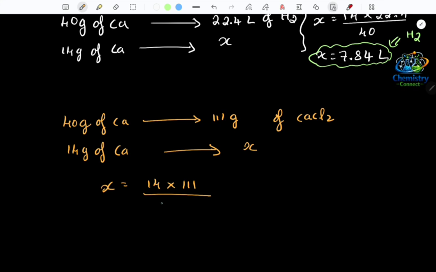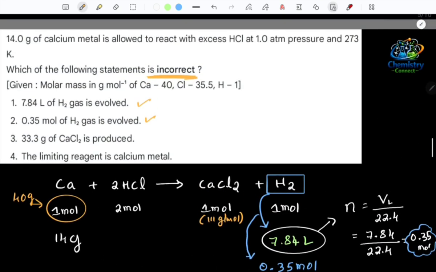If you do the calculation, you will get 38.85 grams of CaCl2 formed. But here they have given 33.3, and we got 38.85. There is a lot of difference. That means this is the incorrect statement, so the answer is option 3.